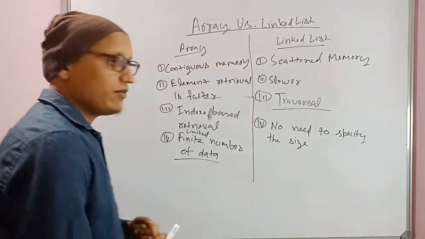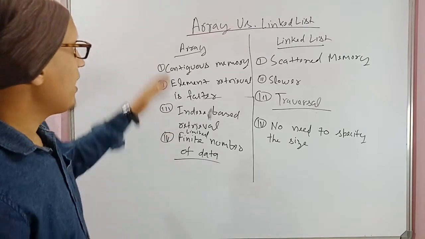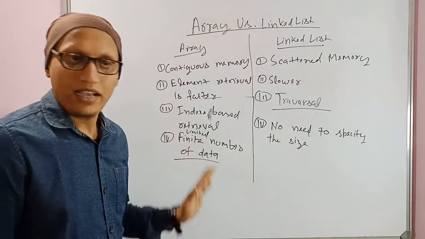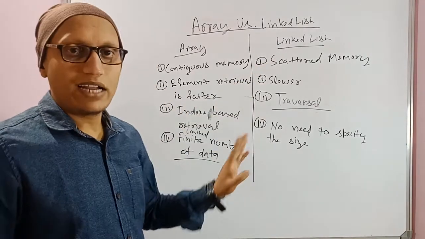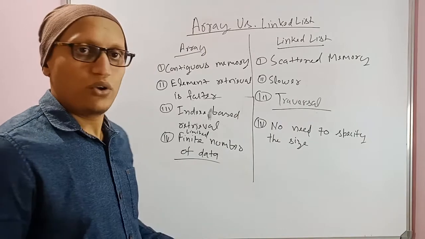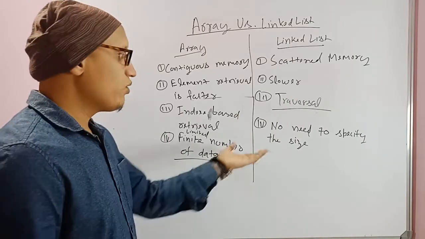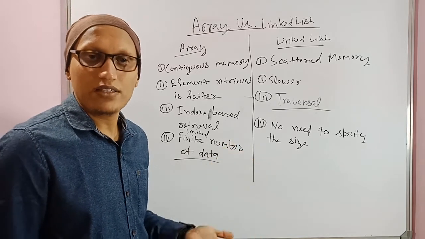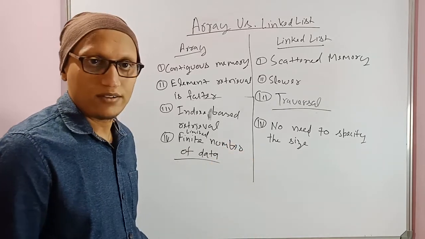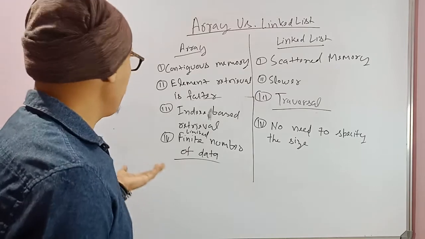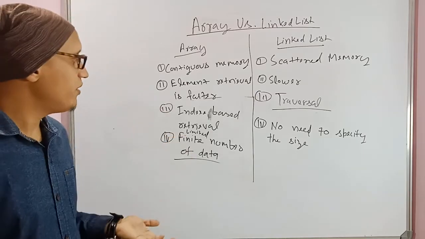And linked list can be the other way. So I can say that array is a kind of fixed element and linked list is a kind of dynamic element. If you have memory locations free in your OS, then go and use that. You don't need to specify the size, the limit of that particular linked list.